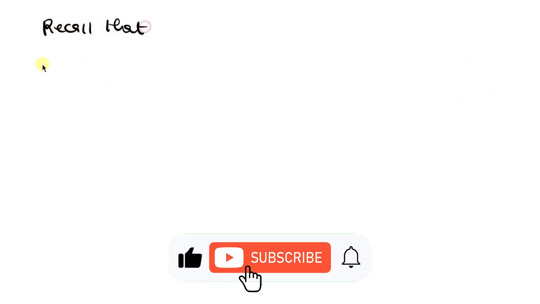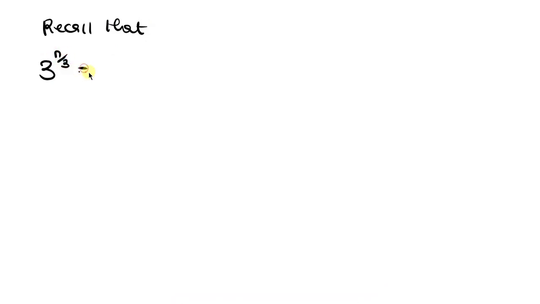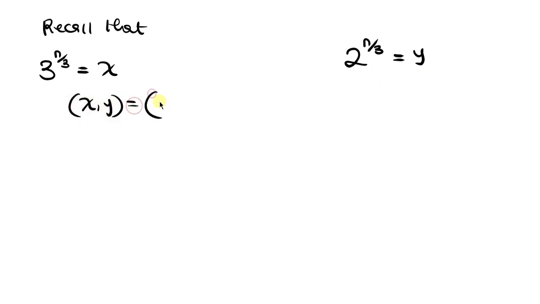So now recall that we have 3 to the n over 3 to be equal to x, and we have 2 to the n over 3 to be equal to y. And the values we have for x and y, remember, are 3, 2, and 2, 3.